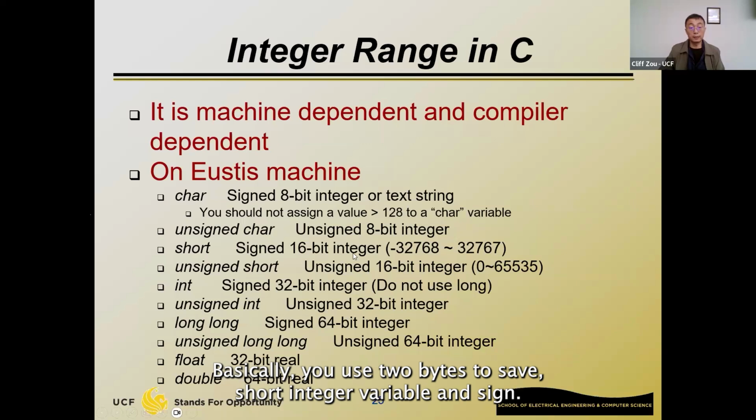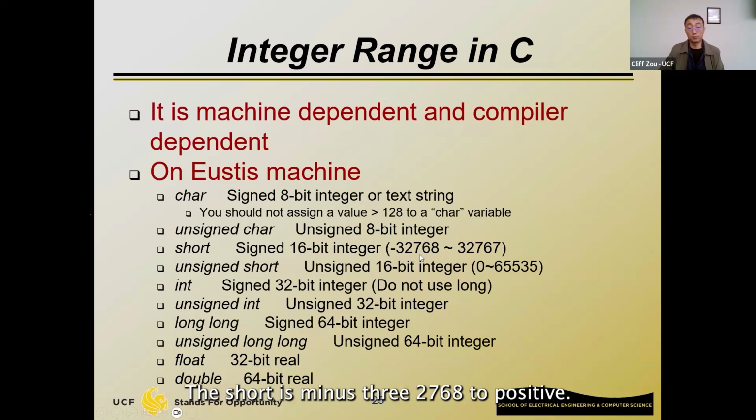A signed short is minus 32768 to positive 32767. For an unsigned short, you can use all 16 bits for the value. The biggest value is 65535. Int usually is 4 bytes, so of course it's longer. Long usually is 64 bits, which is 8 bytes.